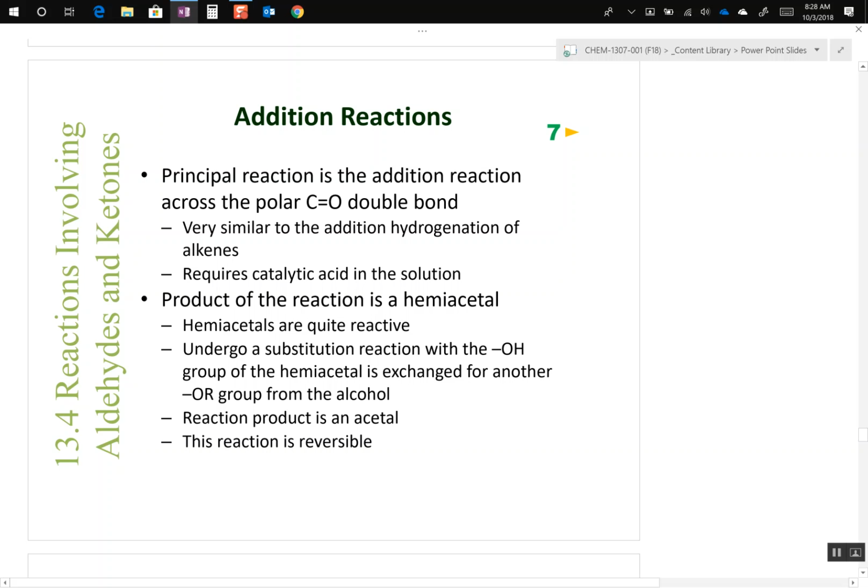Okay? So, by adding more OH groups to that carbon, which is polar because of the oxygen, you're going to create this thing called a hemiacetal, and then further you're going to cause that molecule to react into an acetal.